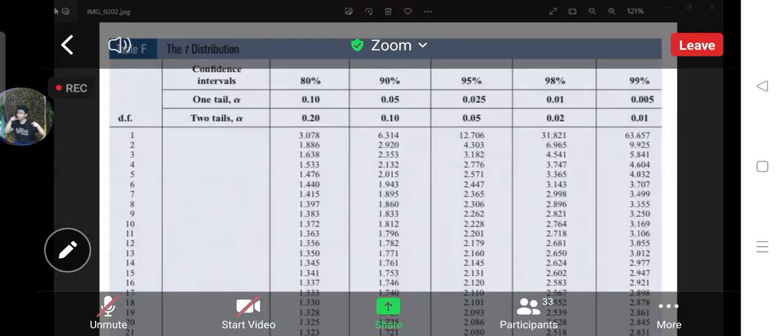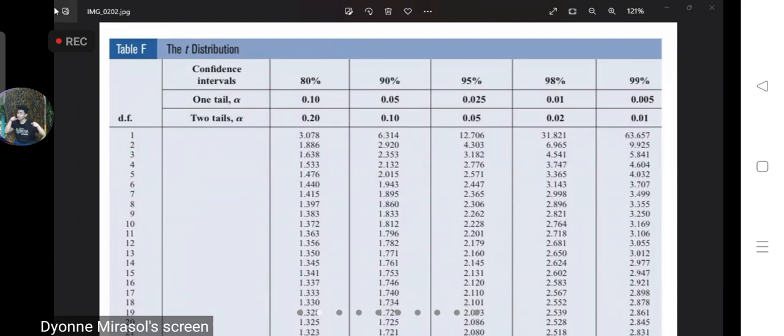So again, we have solved df. df equals n minus 2, so 6 minus 2 equals 4. Looking at the first column of our table here, for the degrees of freedom, we will use 4.